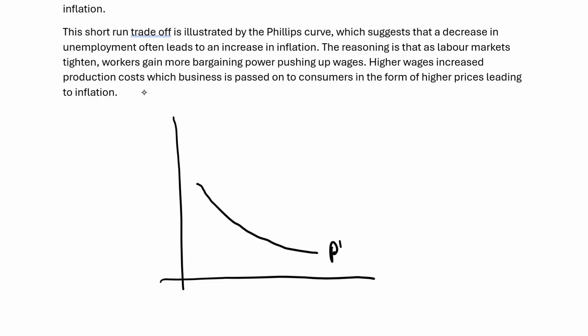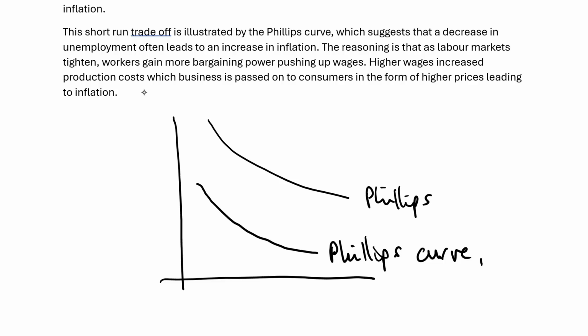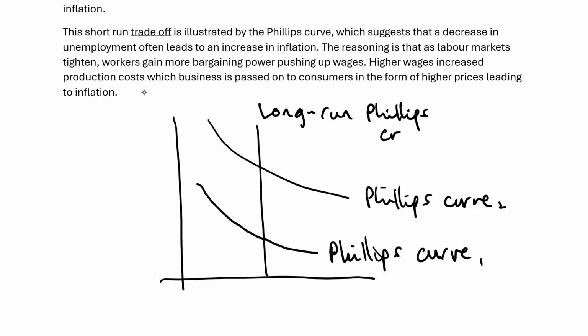We'll call this Phillips curve 1, and maybe Phillips curve 2. Pi for inflation and U for unemployment.